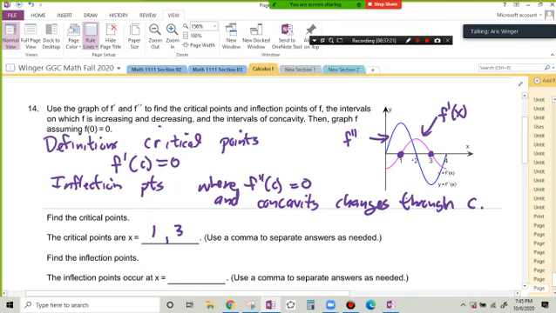Inflection points are places where the second derivative changes from positive to negative. So it looks like there's an inflection point at 2, right? Because the second derivative is positive before 2 and then it's negative after 2. This function, even though we can't see it, is concave up before 2 and then concave down after 2.